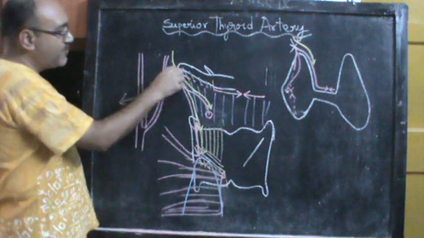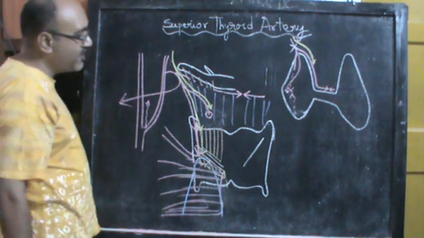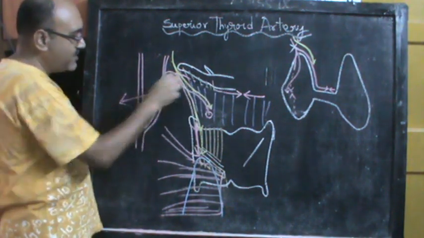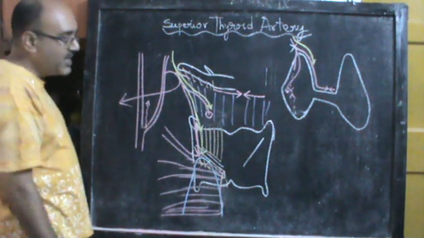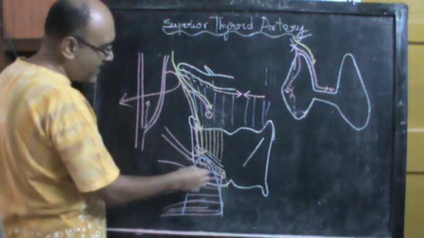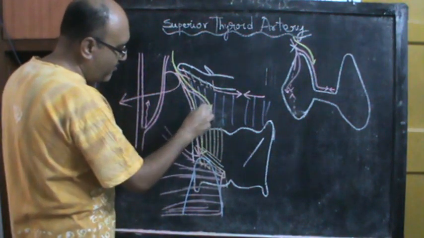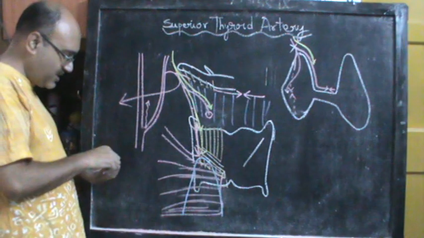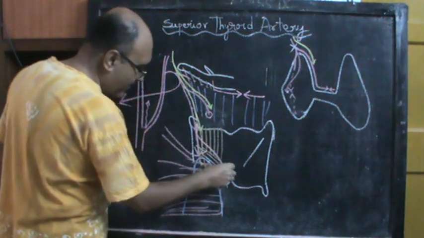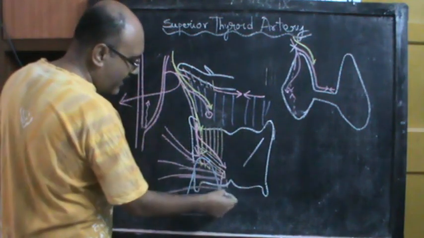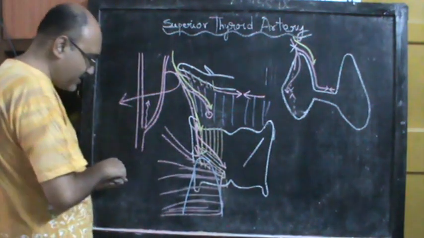Then from the superior thyroid artery, apart from the thyroid, we had an infrahyoid branch, a sternocleidomastoid branch, and a superior laryngeal branch. And last but not the least, between the thyroid and the cricoid cartilage, you have a cricothyroid branch. Now this fine last branch is the cricothyroid branch. You have the thyroid cartilage here, and the cricoid cartilage below.